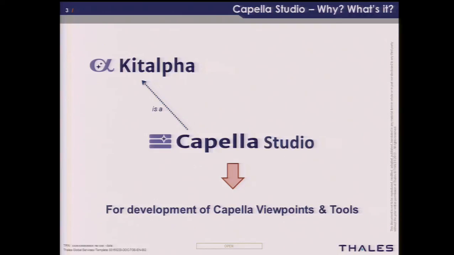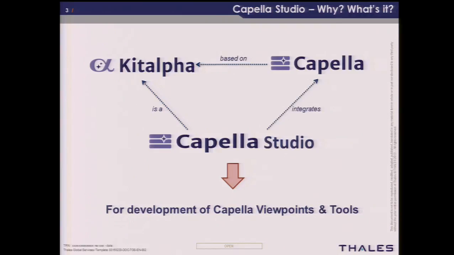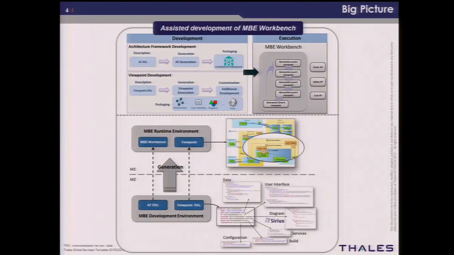So Capella Studio, actually it's Kitalpha, and it's enriched with Capella. We have integrated all the metamodels, all the diagrams, user interfaces, and so on. This is the reason why we can extend Capella. So it's a viewpoint designer dedicated to Capella.